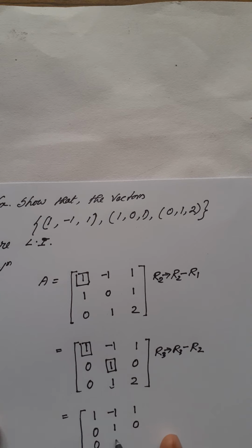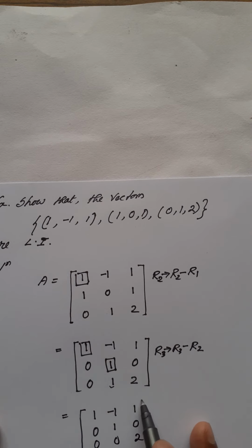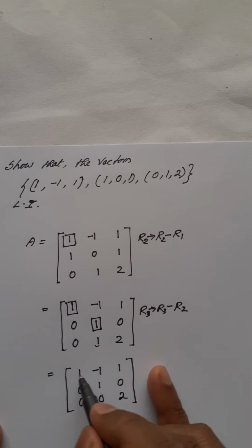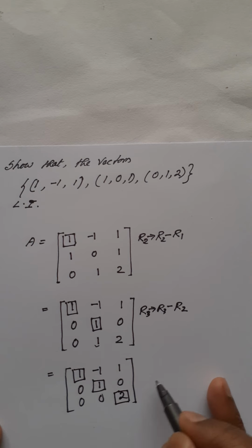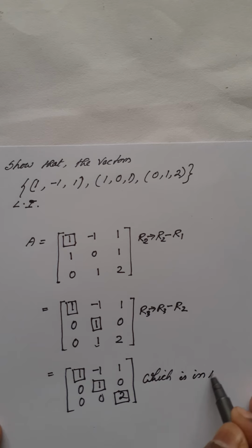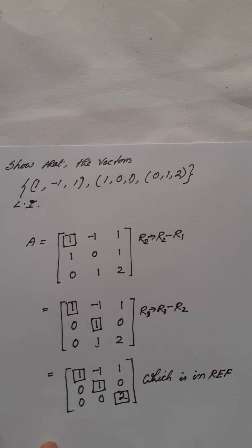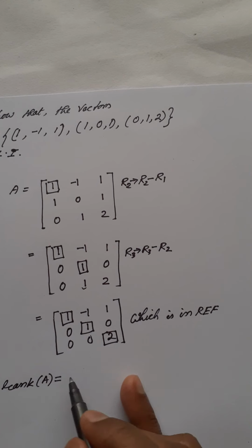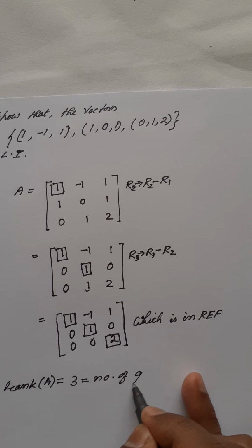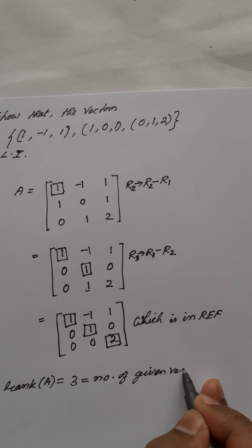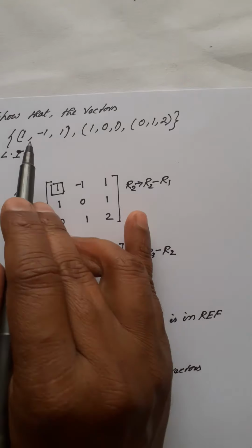This is the first pivot, this is the second pivot, and this is going to be the third pivot, which is in row echelon form. Therefore the rank of A is equal to the number of non-zero rows here, which is 3, and that is equal to the number of given vectors. How many vectors are we given? 3 vectors: 1, 2, 3.